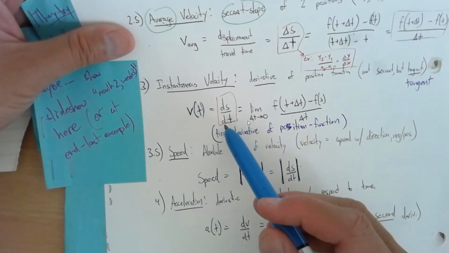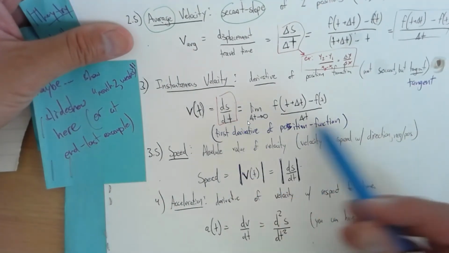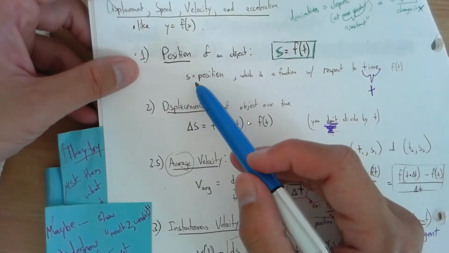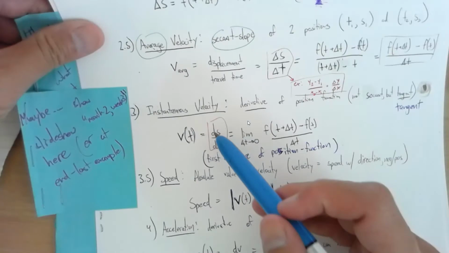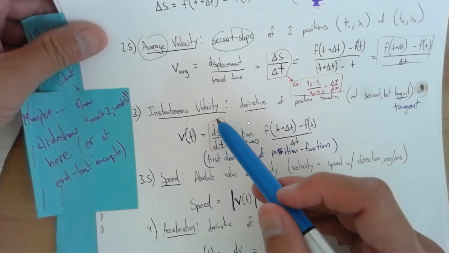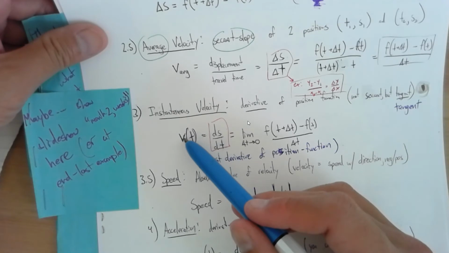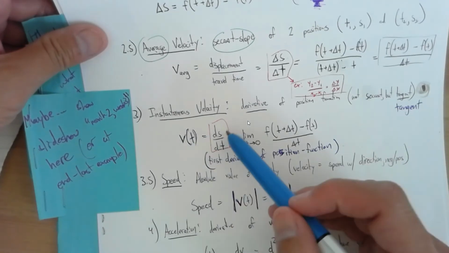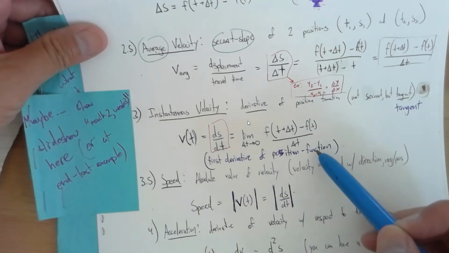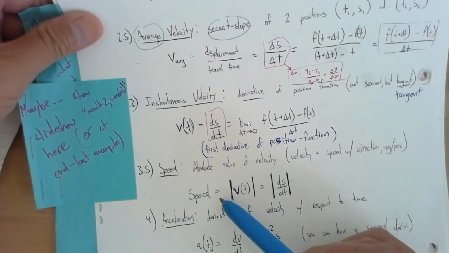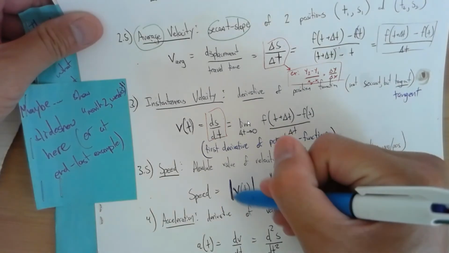When you take the derivative one time of s, the position equation, you will get the instantaneous velocity. Another way of saying it is the velocity as a function of time is equal to the first derivative of the position function. Speed is almost the exact same thing, only you have the absolute value.